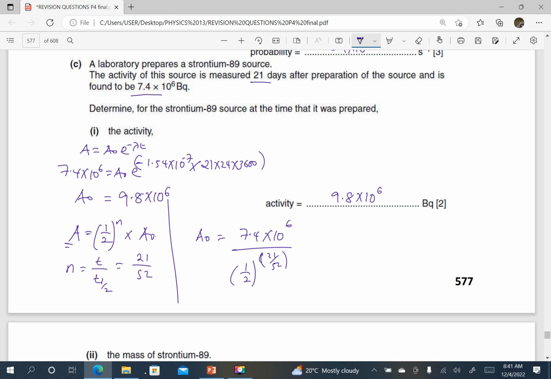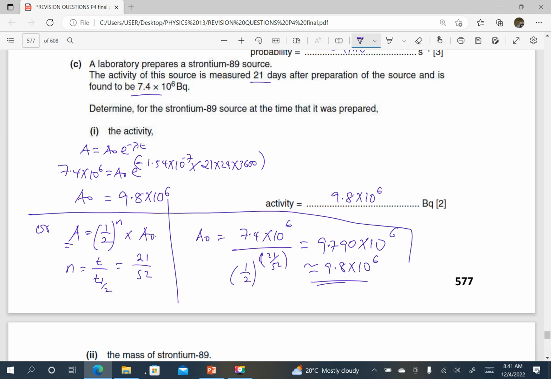Get used to your calculator, and this is still giving me A naught as 9.790 times 10 power 6, which is approximately 9.8 times 10 power 6. So this is another alternative. That is another alternative method that you can check out.